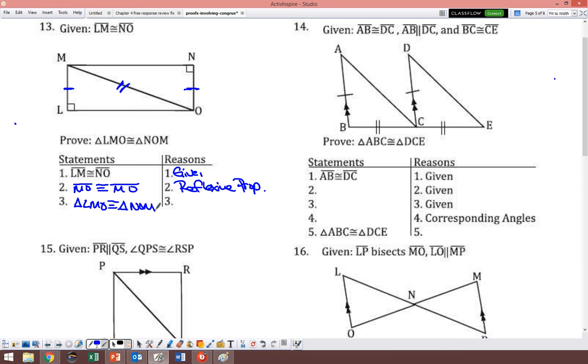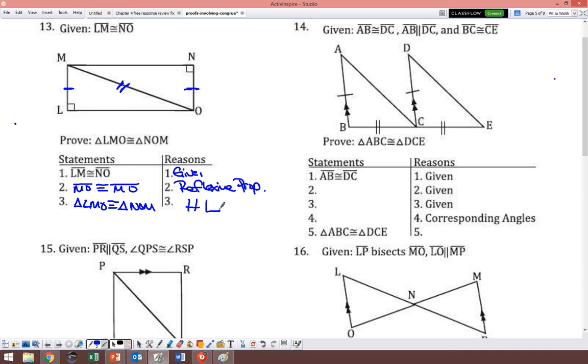If it's a right triangle, that's the only time it's allowed for angle side side, right? So it's a right angle, it's a right triangle. So it's going to be my hypotenuse leg, because we cannot use angle side side as my reason. It would be hypotenuse leg, it's only a right angle.